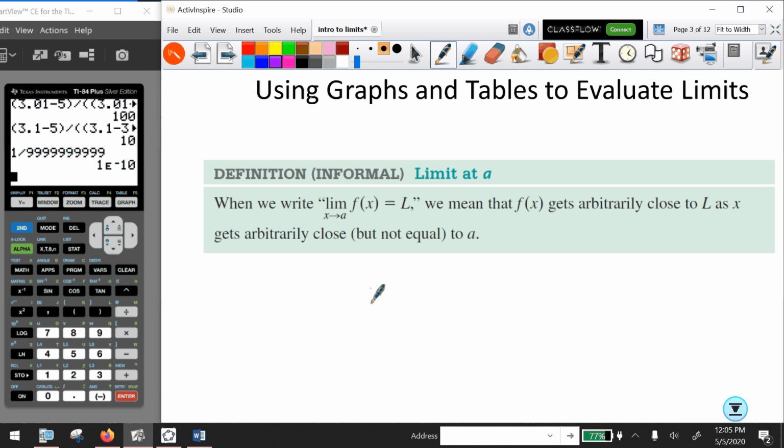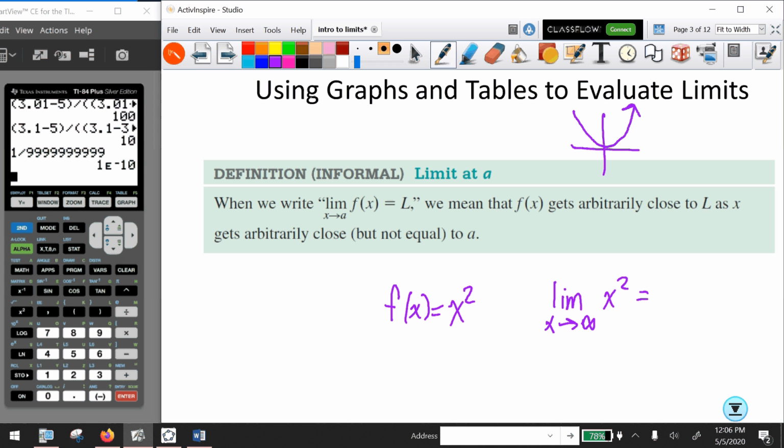We would say that for this function f of x equals x squared, we would ask what is the end behavior as x approaches infinity, and we would determine that just by looking at the graph that since the function opens and goes up to the right infinitely, that this approaches infinity.